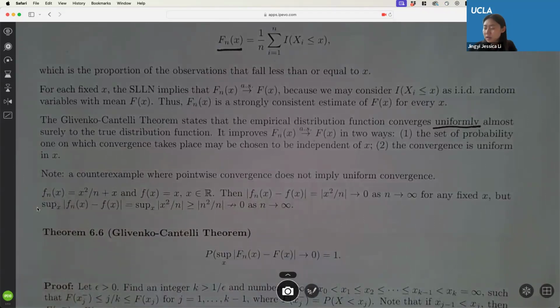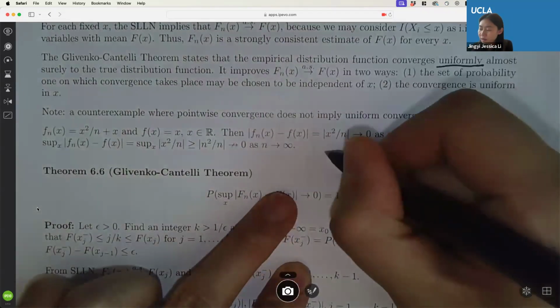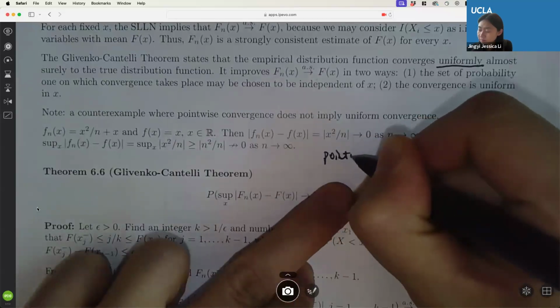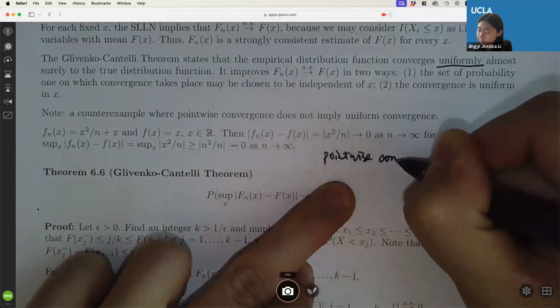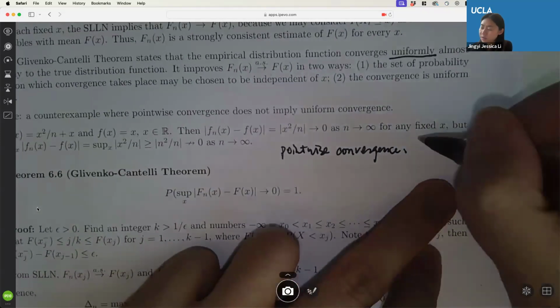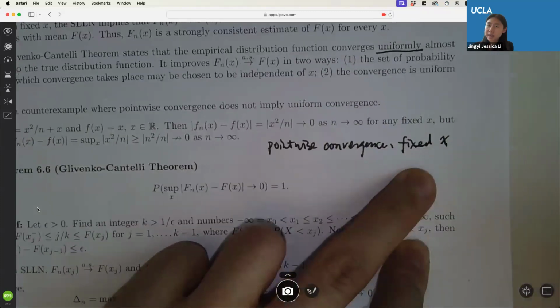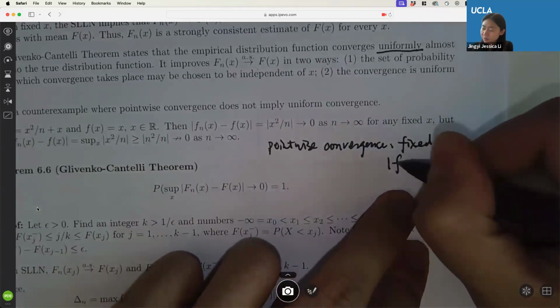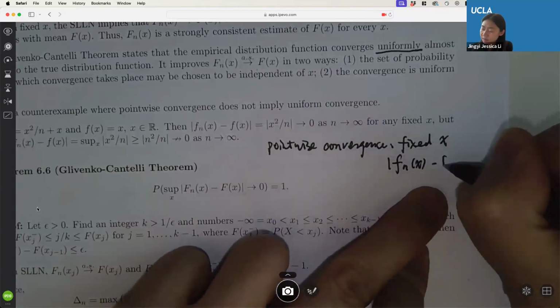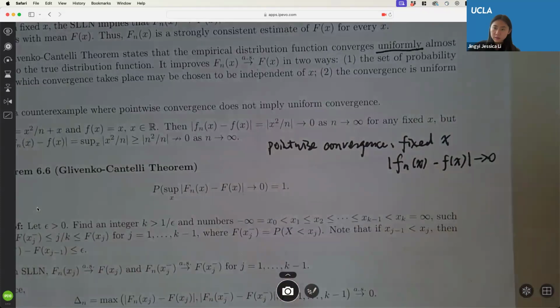So in other words, let me just try to clarify a little bit. For pointwise convergence, you only need to say, fix x, and you have f_n(x) minus f(x) go down to 0. That's it.